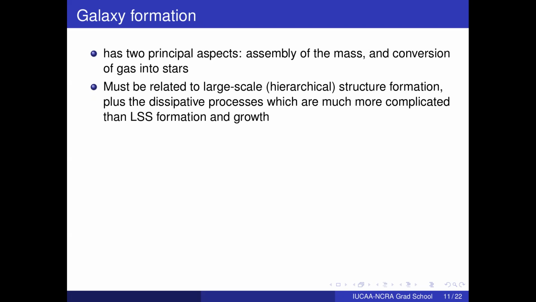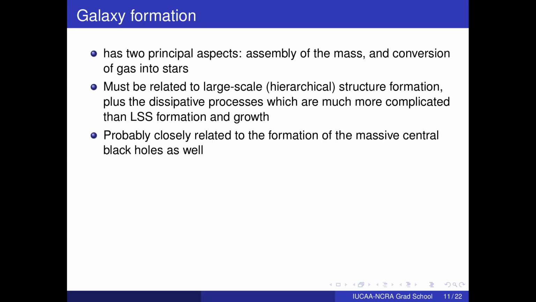No problem. We understand that very well through simulations. We know from the Magorrian relationship, which is the relationship between the bulge mass and the central supermassive black hole mass, that the formation of supermassive black holes is also related to the formation of the galaxy as a whole, the bulge as a whole.